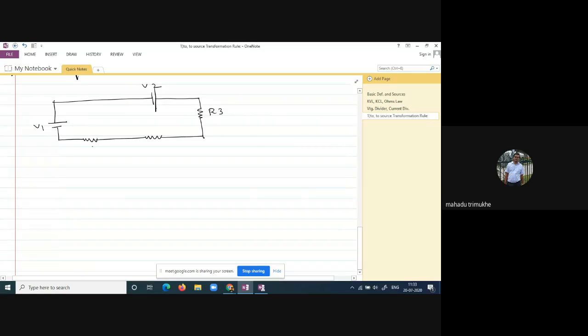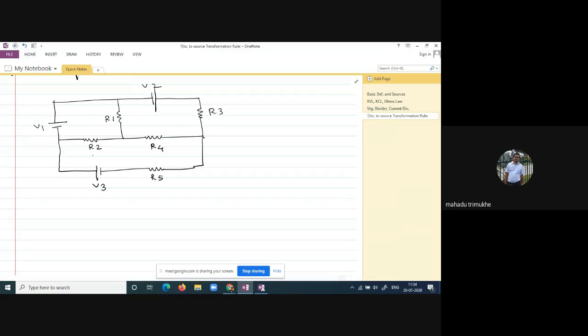Here B1, here you have R2, here R4, here R1, here R5, B3. Okay, this is the circuit.